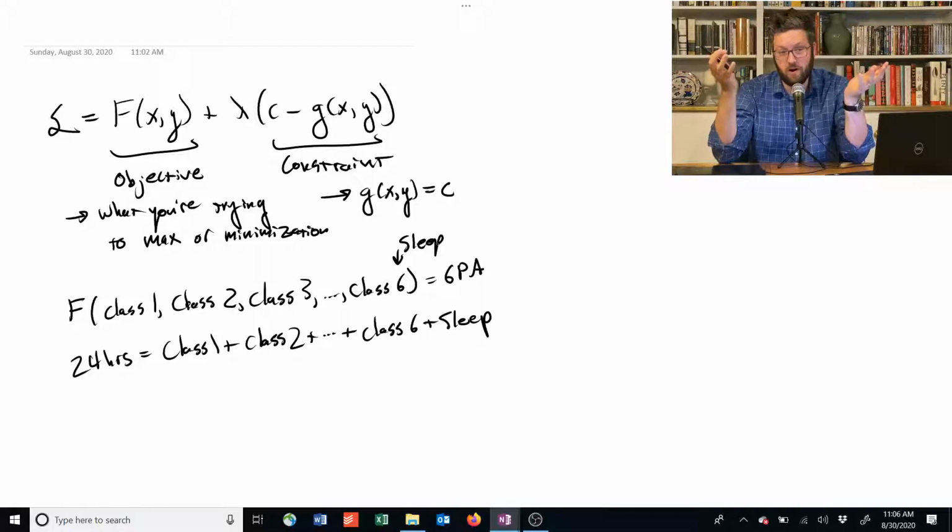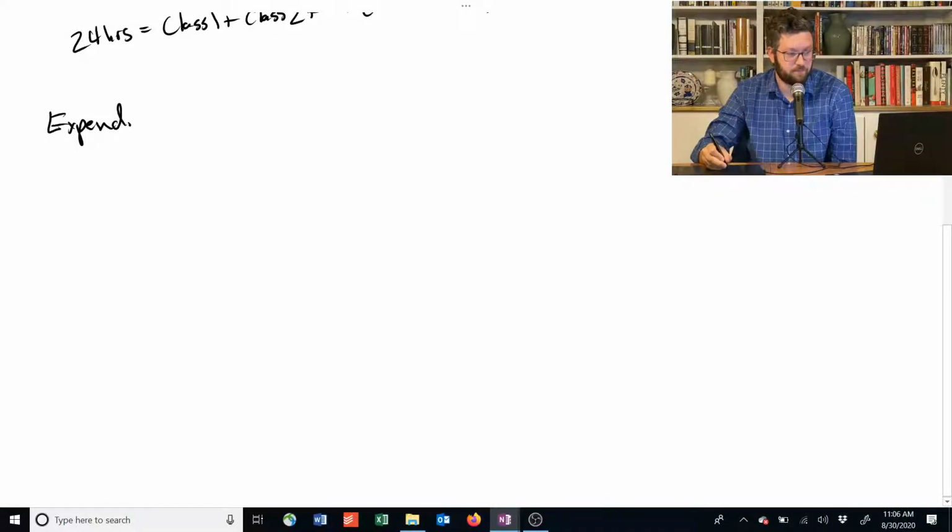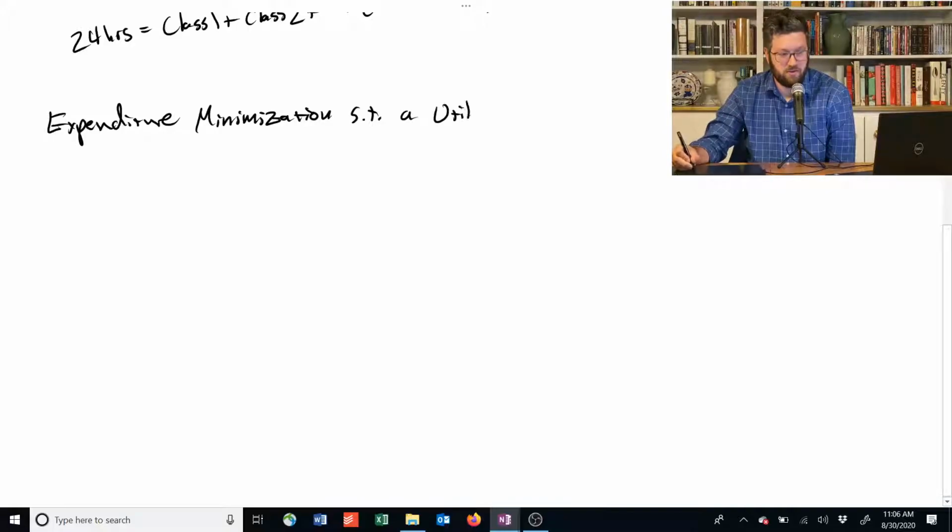More closer to our econ example, let's think about how you would solve the expenditure minimization problem. Remember, this was a problem where you have a goal subject to a utility target.